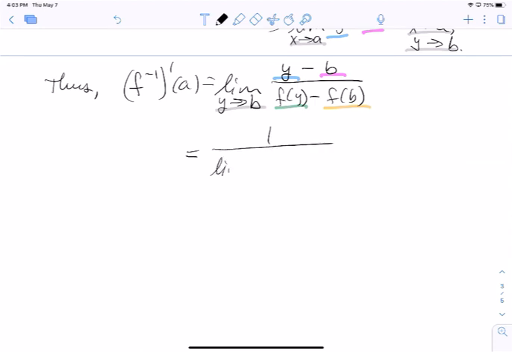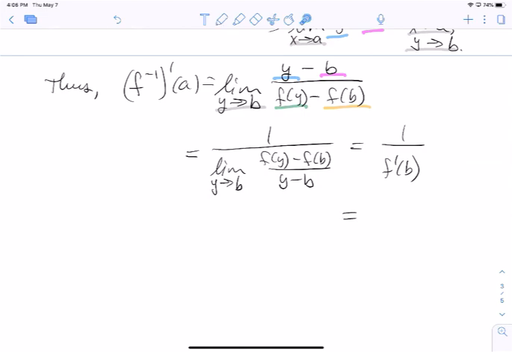So 1 over the limit as y approaches b of f of y minus f of b divided by y minus b. And so I've made it the reciprocal, but then I've used the reciprocal of the original fraction that we had. But take a look at what we have in the denominator. In the denominator, we have f prime of b. So this is the reciprocal of f prime of b.